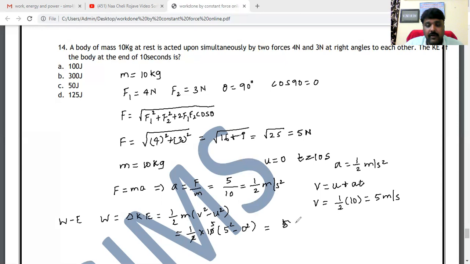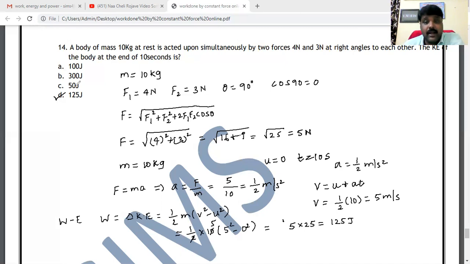Finally, we have 5 into 25, and that is 125 joules. That is your answer.